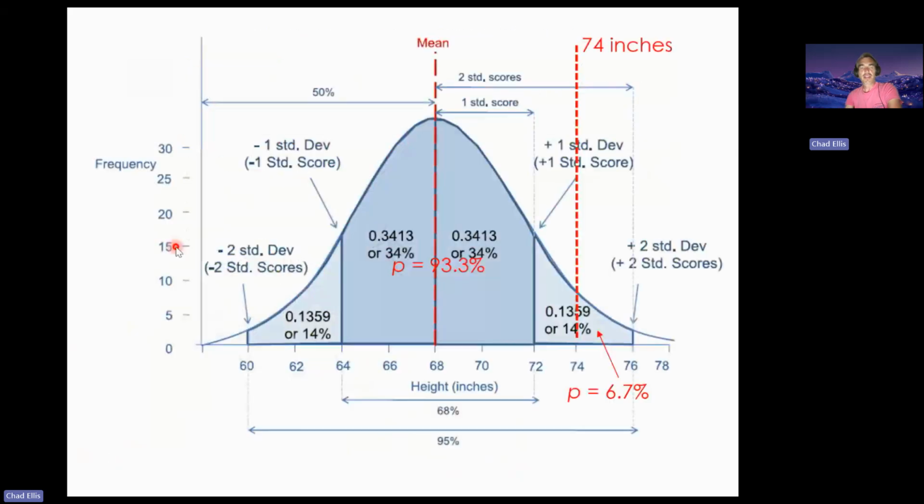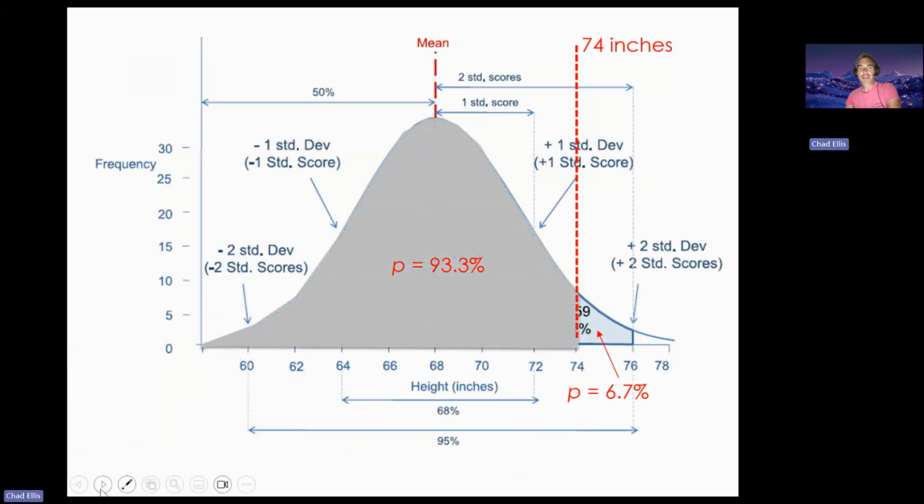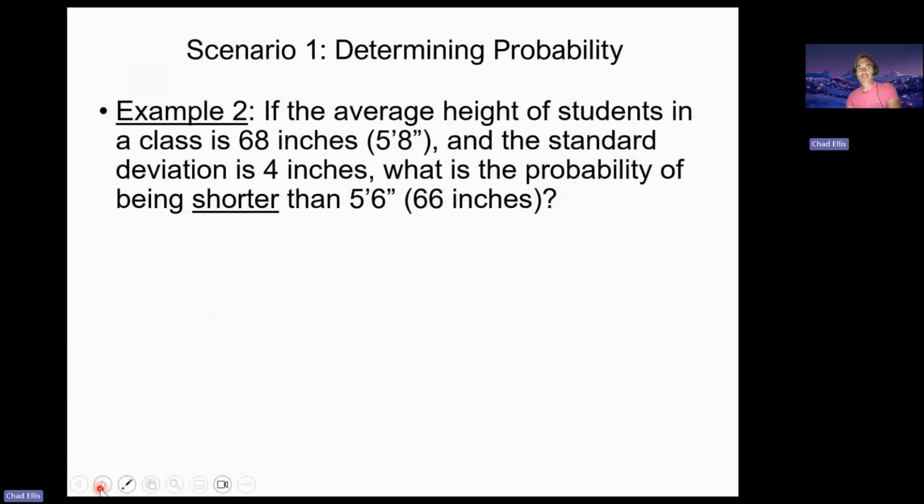The complementary is 0.068. So essentially, the way to visualize it is that there's a 93.3% chance that we randomly select somebody that's going to be shorter than 74 inches, and a complementary 6.7% chance that we randomly select somebody from this population that is taller than 74 inches.